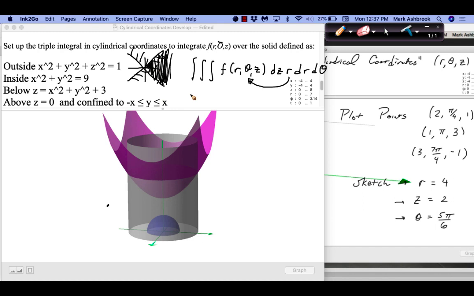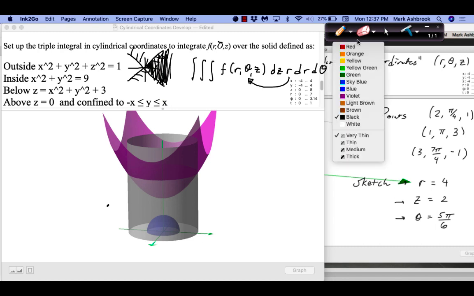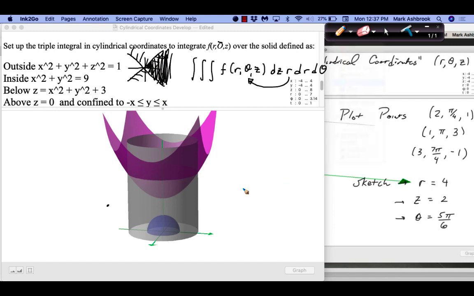Below the y equals x line, but above the y equals negative x line would be this right-hand quadrant to the right. Okay, so then what does that mean? Let's find a color that will show up on the video. Let's try sky blue. So then we're going like, that's here and here.